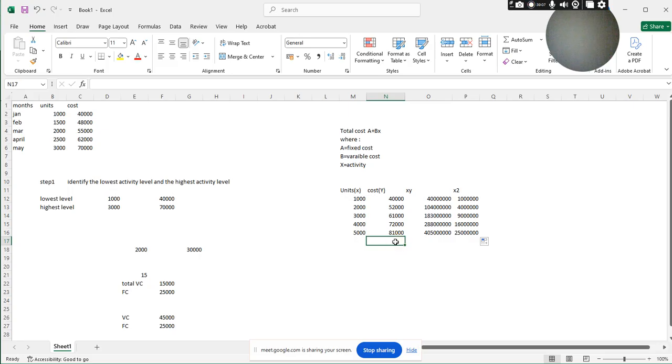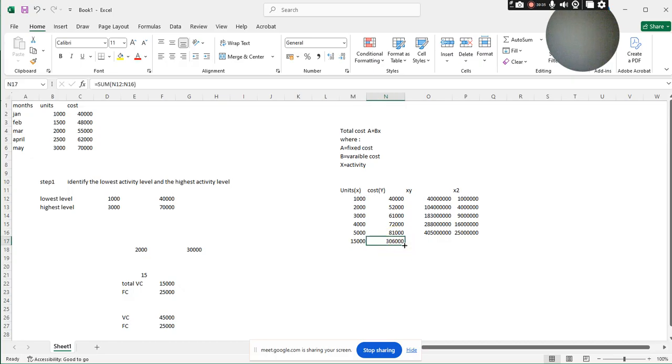Let's use autosum to get this. This is the summation of xy. Sorry, this is the summation of y. Then this is the summation of x.